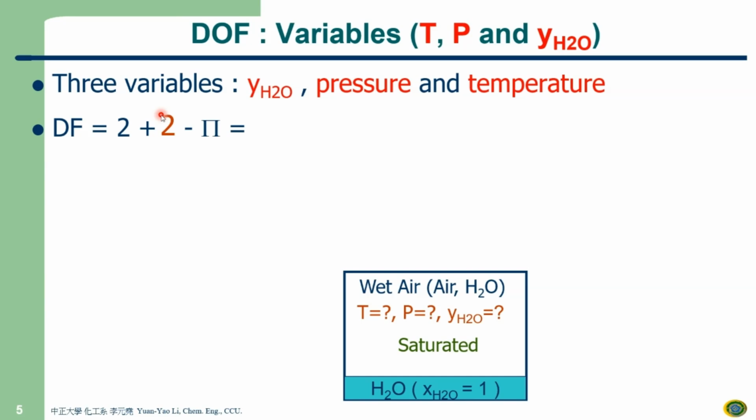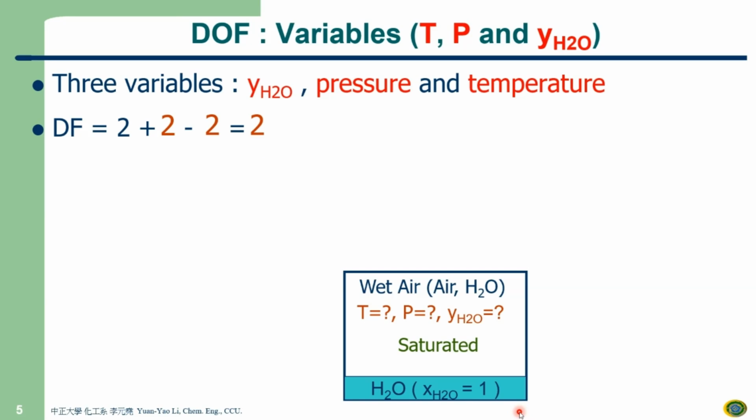Because the ratio of the oxygen and nitrogen is fixed, once you know the fraction of the oxygen, you will automatically know the fraction of the nitrogen. So oxygen and nitrogen are not independent, they are dependent. So you only have one variable, so here is 2. How many phases in this system? 2, right? So as a result, you will have 2 for your DOF.